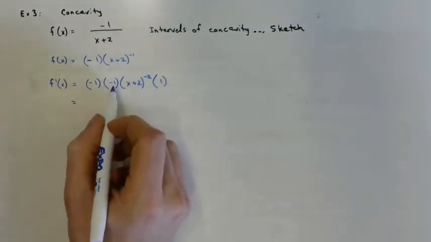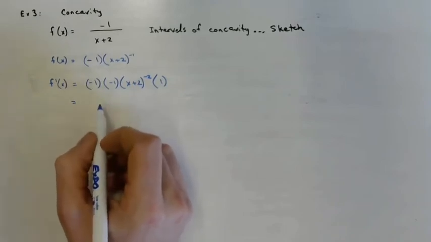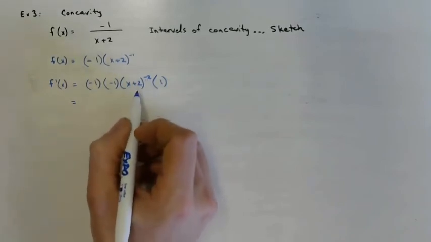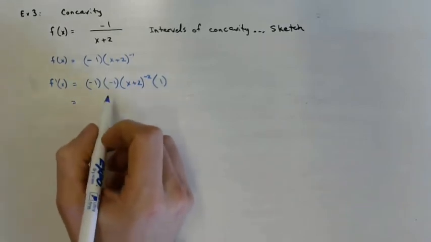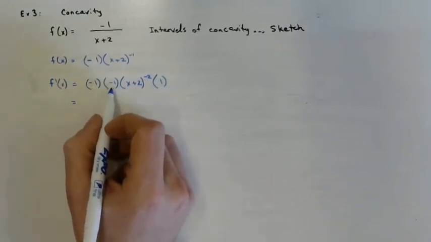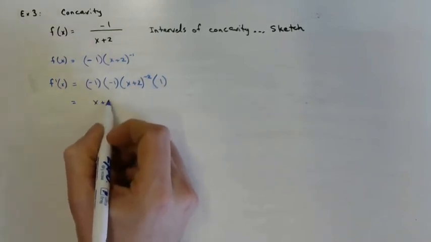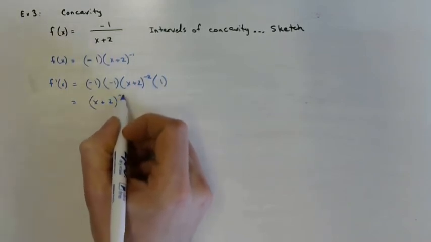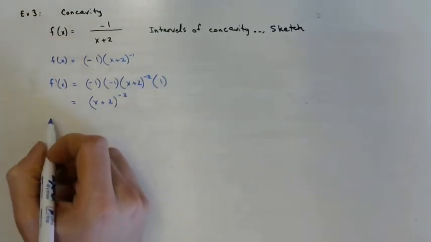We can simplify this. This is just 1, and we're not going to put it with a positive exponent in the denominator because we actually need to take the derivative of it. So -1 times -1 is +1 times 1 is +1. Anything times 1 is itself. So we just have x squared, x plus 2 to the power of -2.